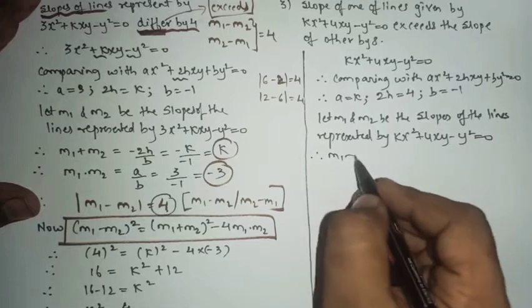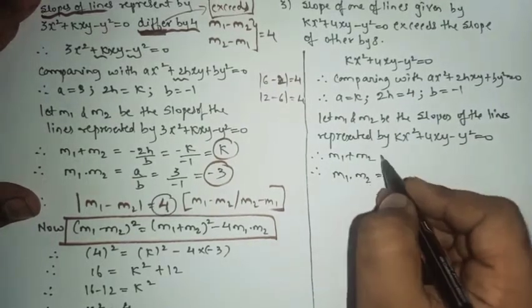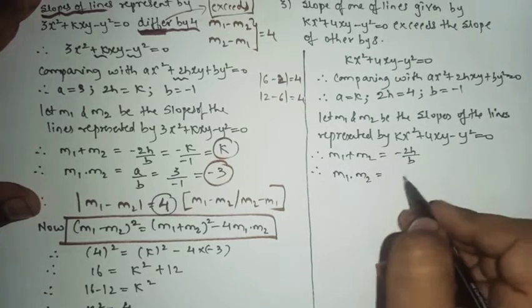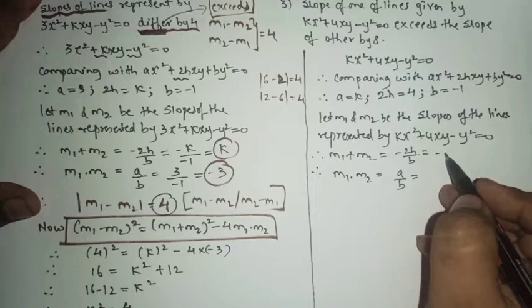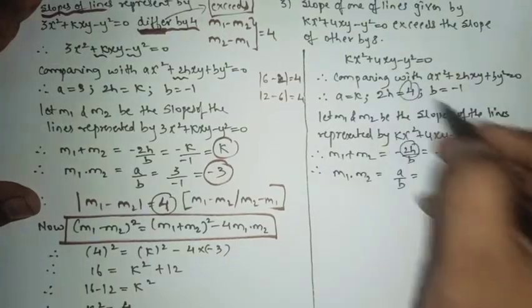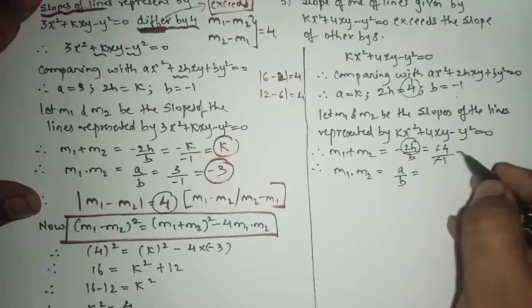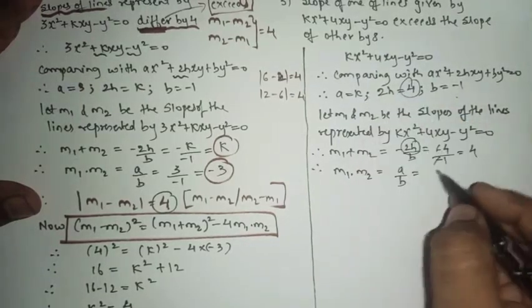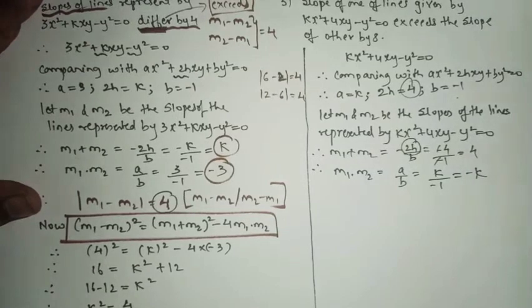First you will find the sum and then the product. The sum is minus 2h upon b, and the product is a by b. Minus 2h is 4 and the value of b is minus 1, so you will get 4 upon minus 1. A is k and b is minus 1, so here you will get minus k.